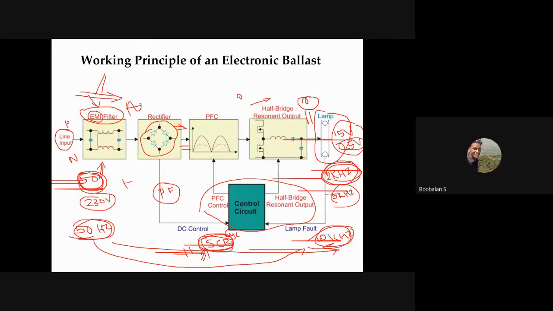Due to my power electronic switching devices, due to the electronic ballast load, harmonics are introduced instead of a huge power factor issue. Here harmonics are introduced because we are using switching devices. So when I use an electronic ballast, harmonics are introduced.